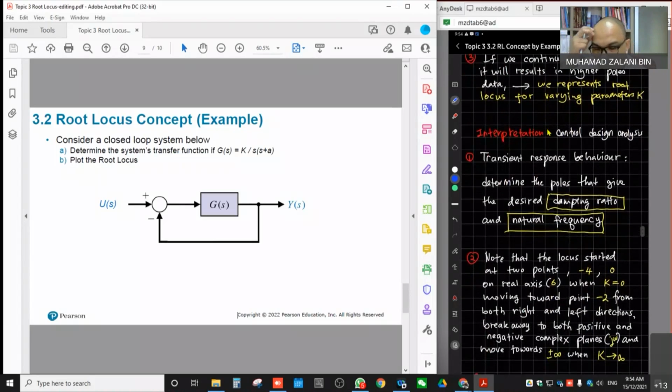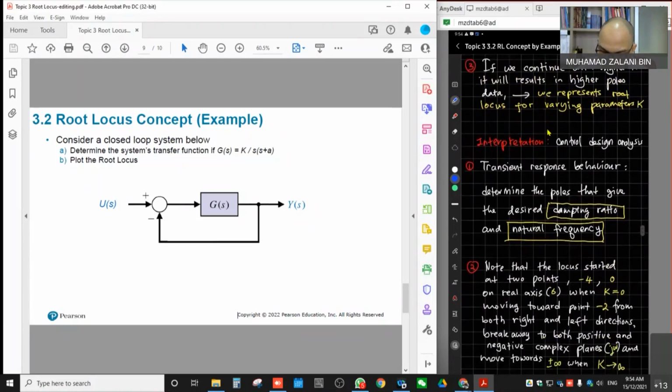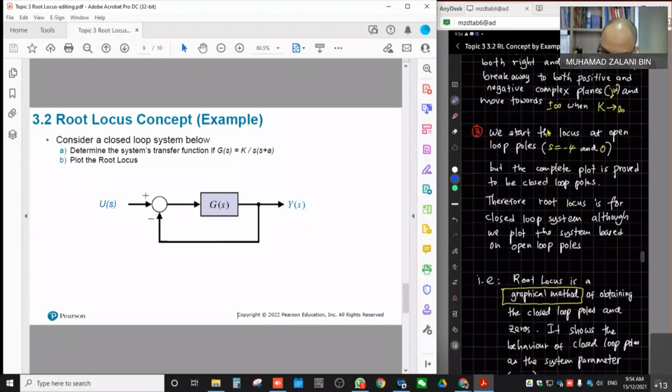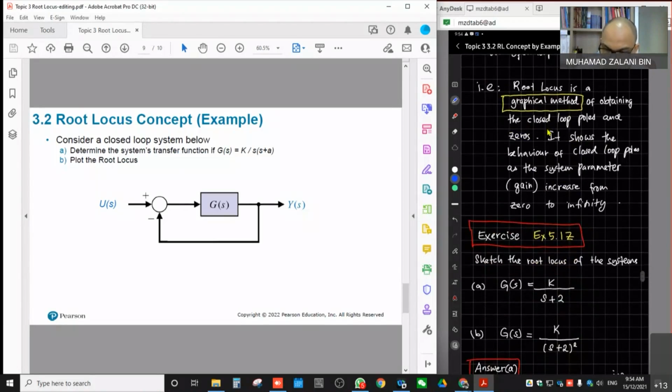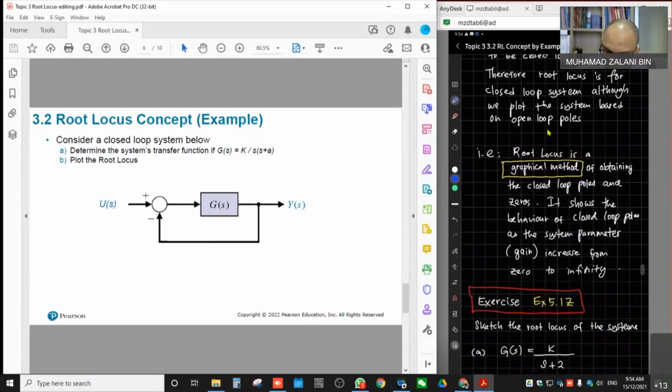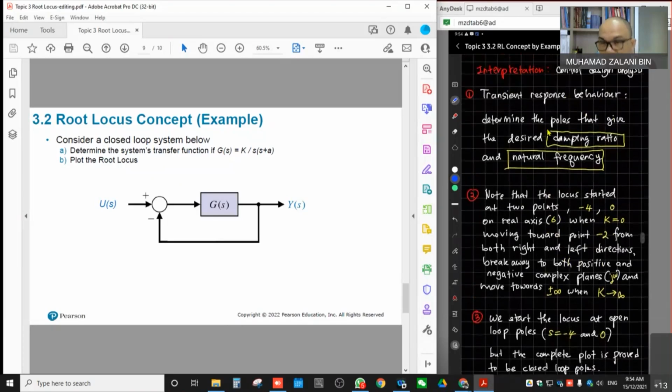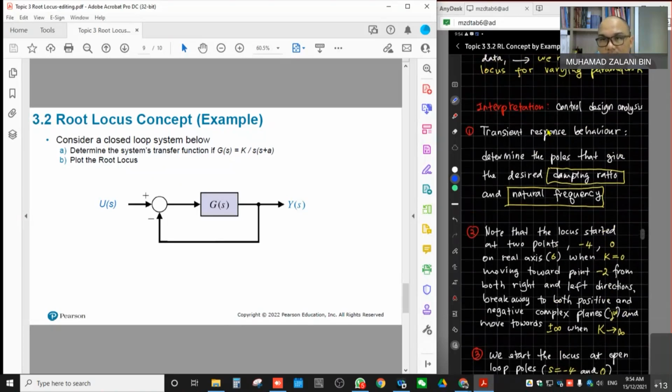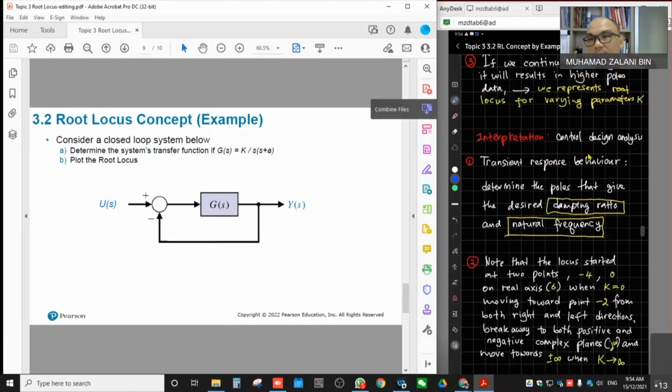So in control system design and analysis, we can do some interpretation. How do we interpret this root locus method? The first thing is about transient response behavior. Okay, we can determine the poles that give the desired damping ratio.